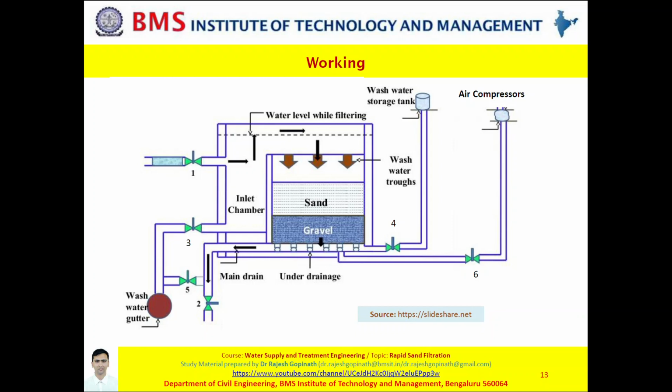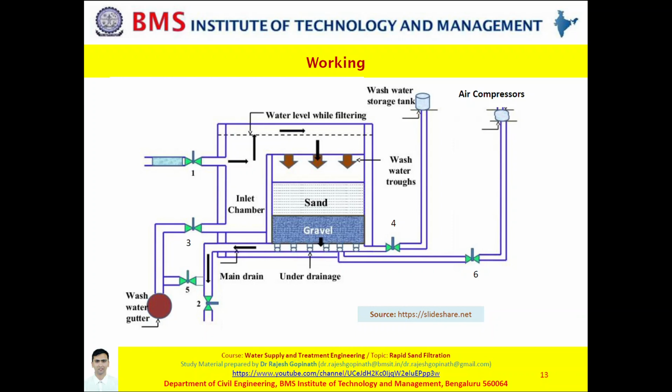When it comes out, it cannot go into 2. It eventually goes out through 5, which also goes to drain. The idea is, immediately the water which comes out after backwash is not safe enough to be consumed or to be sent for disinfection. Let me repeat once again the cleaning operation.